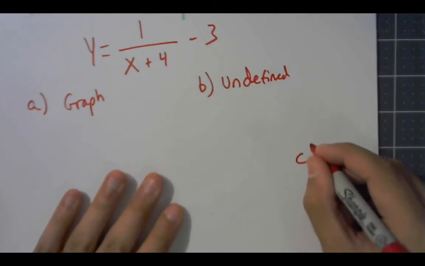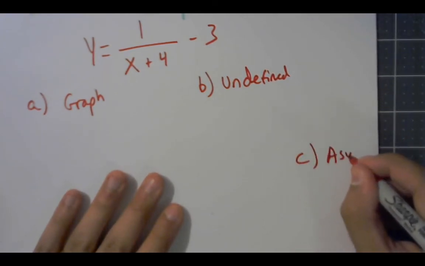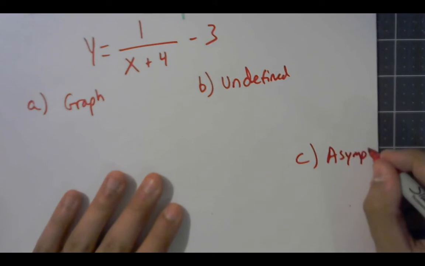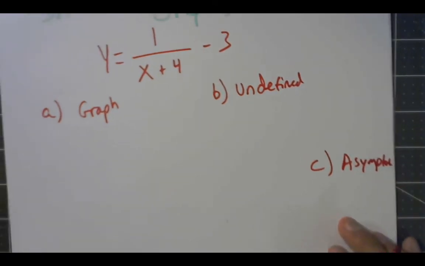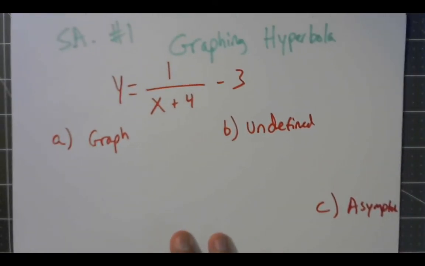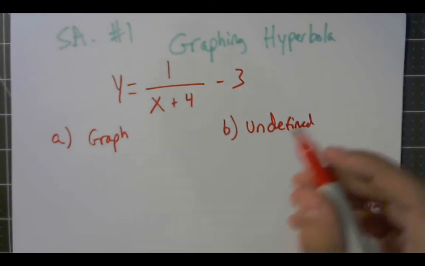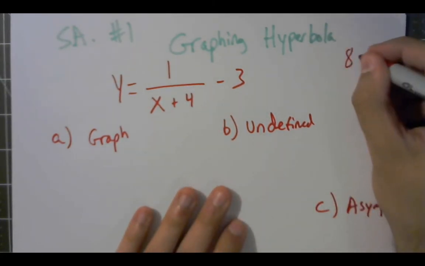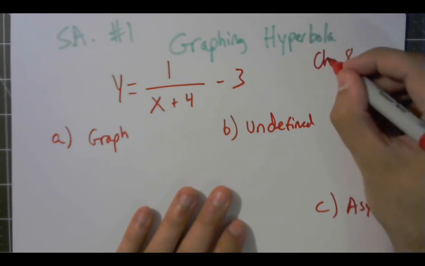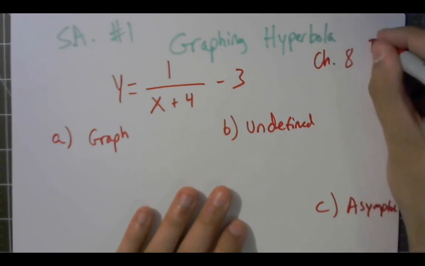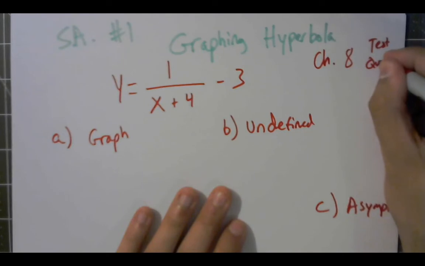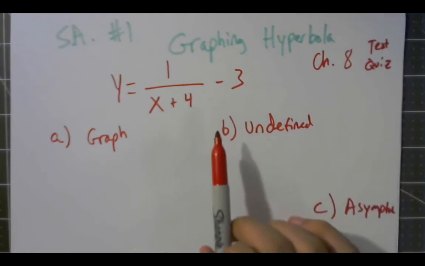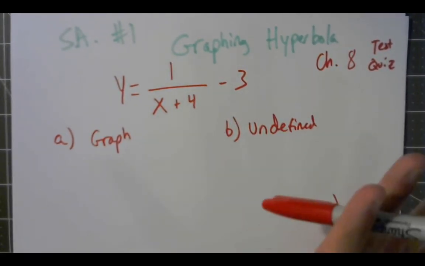And then over here, we want the asymptotes. Now this problem that you're going to see is exactly the same as your quiz and test from chapter 8. So this problem is going to be exactly the same, defined the exact same way.